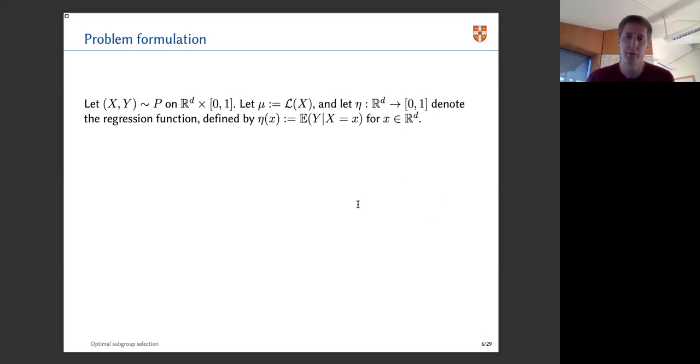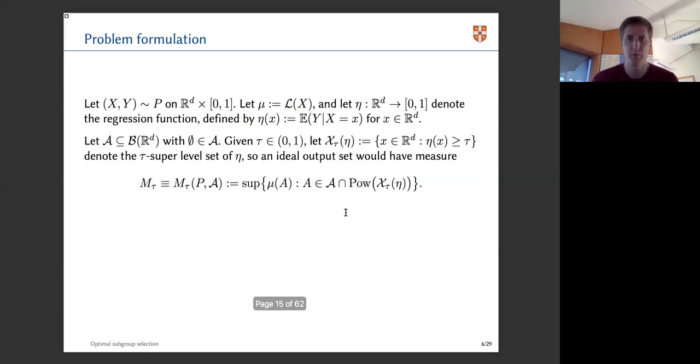I'll write mu for the marginal distribution of X, and eta for the regression function. So between them, the mu and the eta define the joint distribution P. The family that's given to me is going to be a subset of the set of all Borel sets on R to the d, and I'll assume just for technical reasons that the empty set belongs to this family.